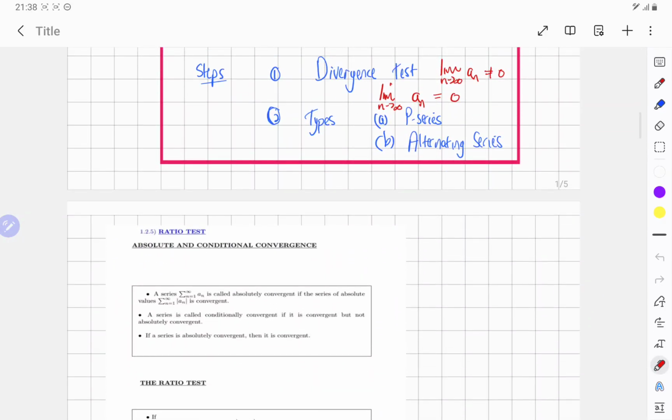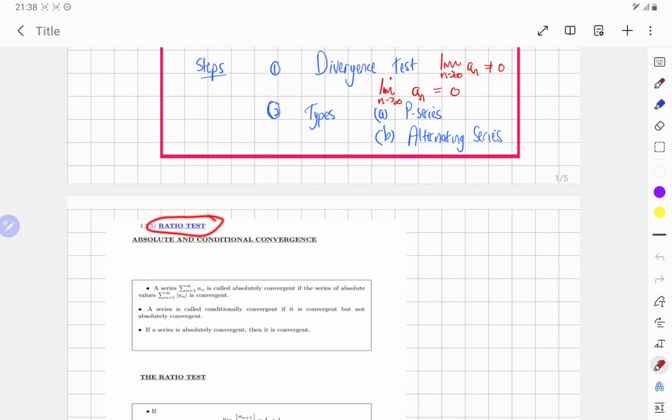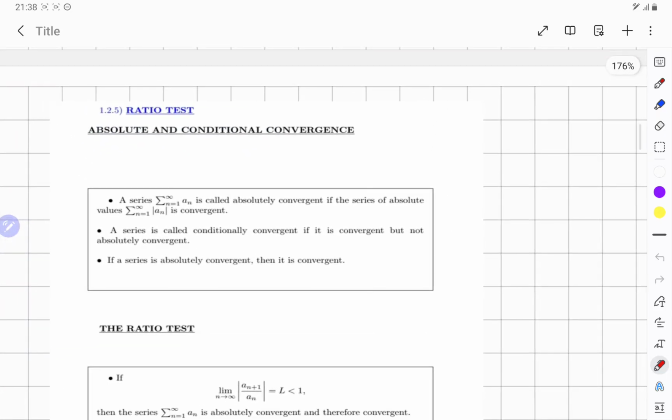Now, in this video, we will do the ratio test. Now, let me just mention a very important fact. If we have a series, it is called absolutely convergent if the series of absolute values is convergent.